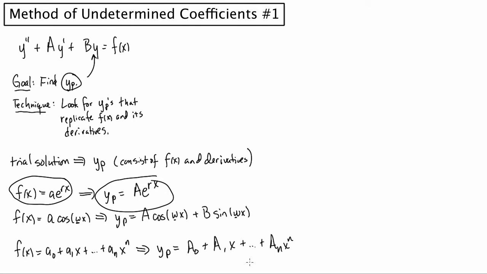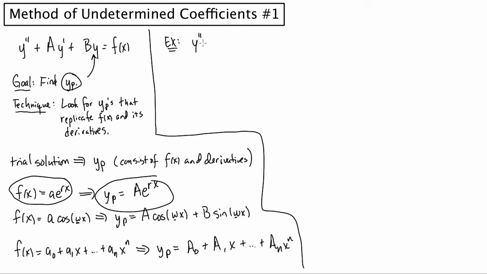So I just want to do a small example of this to show you. Let's look at the equation y double prime plus 3y prime plus 4y equals 3x plus 2.